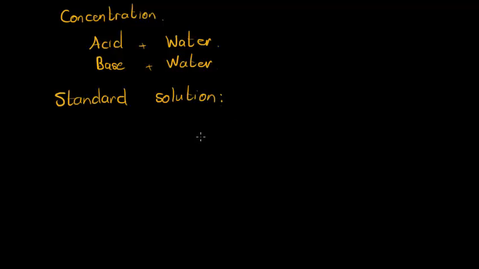A standard solution is when I have 1 mole per cubic decimeter. Another way of writing this is just 1 capital M. This capital M is mole per cubic decimeter. So this is the standard solution.